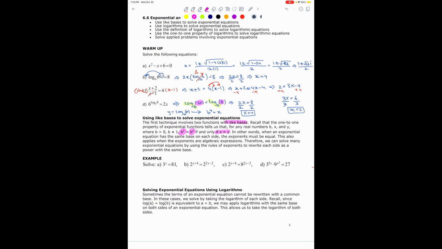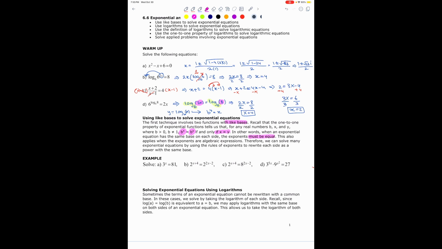That means if the bases are the same, we can conclude that the exponents have to be the same because of the one-to-one property of exponential functions. In other words, when an exponential equation has the same base on each side, the exponents must be equal. That is the property we're using here.